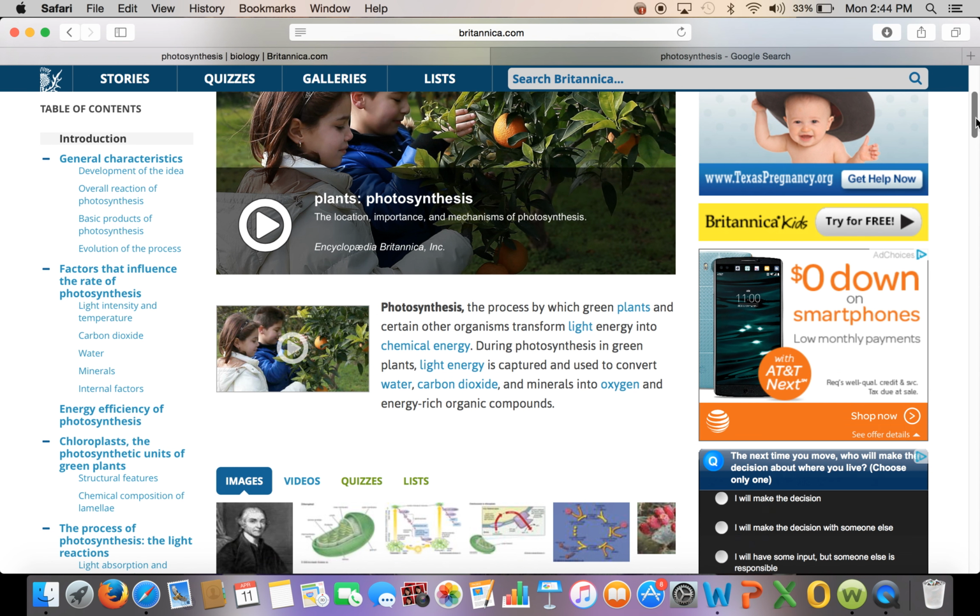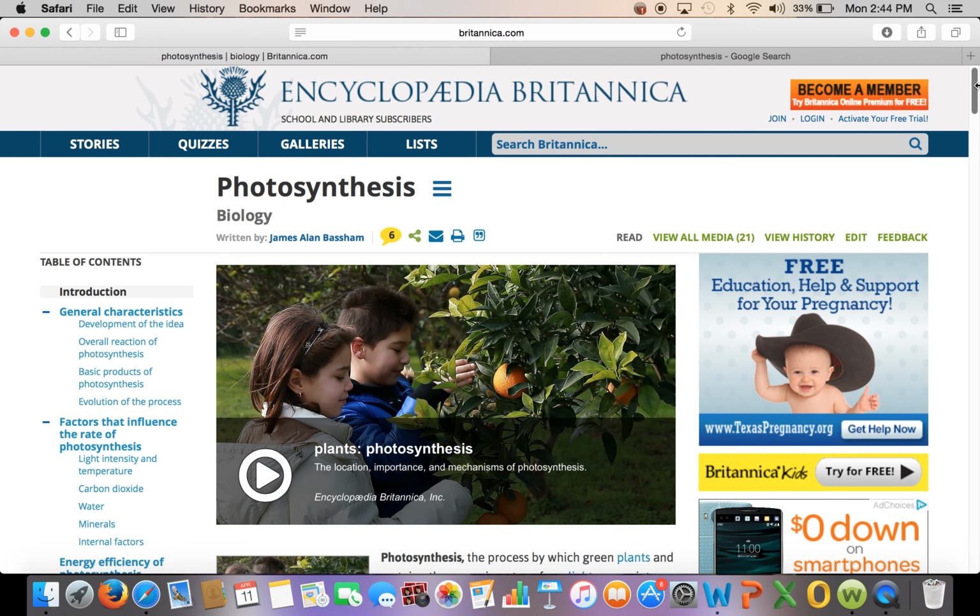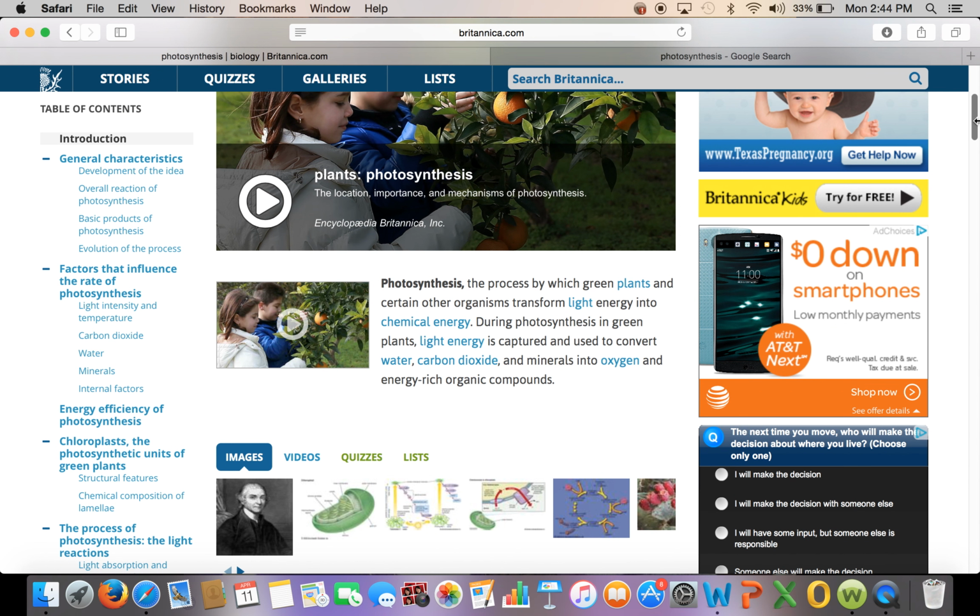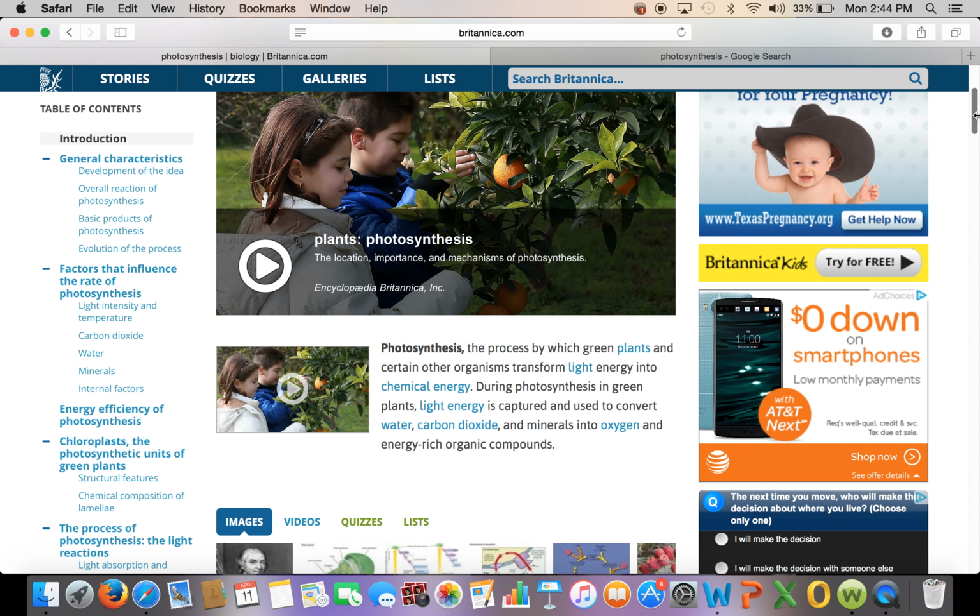So this one is from an encyclopedia, and it says photosynthesis is the process by which green plants and certain other organisms transform light energy into chemical energy. During photosynthesis in green plants, light energy is captured and used to convert water, carbon dioxide, and minerals into oxygen and energy-rich organic compounds.